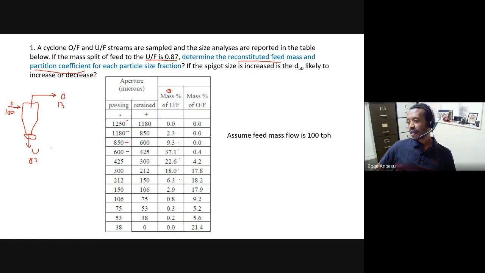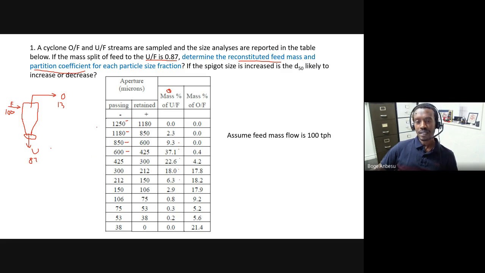Okay, yep. So if you have the particle size distribution given there, in this example the first one is 1250 and 1180. So basically what it says is we used sieves of 1250 and 1180, then 850, then 600, then 425, and so on.